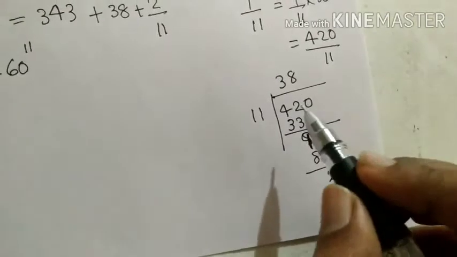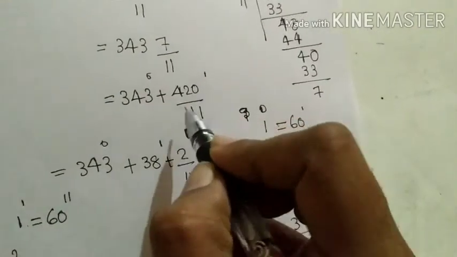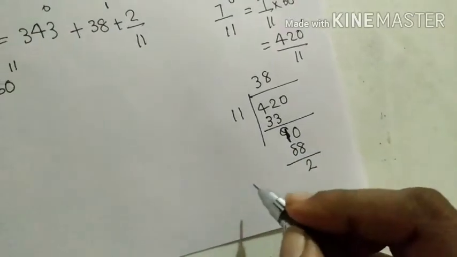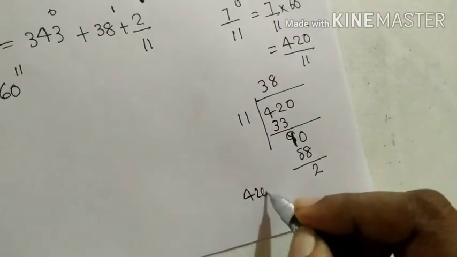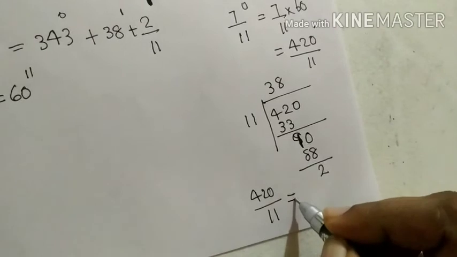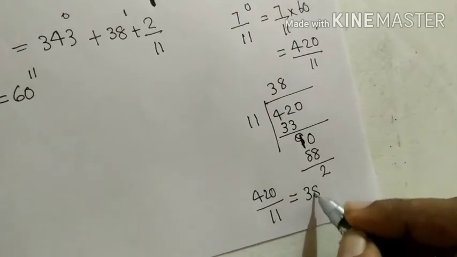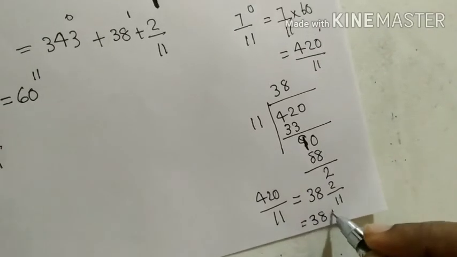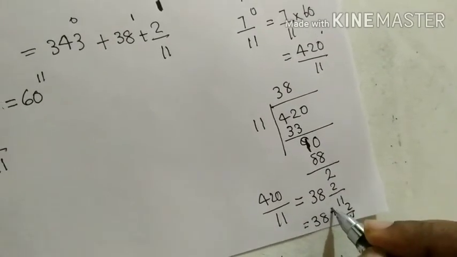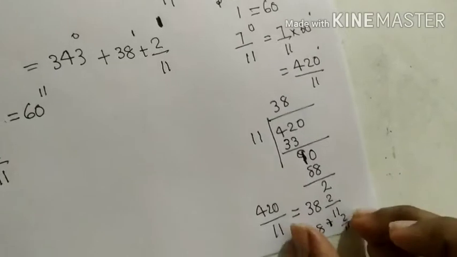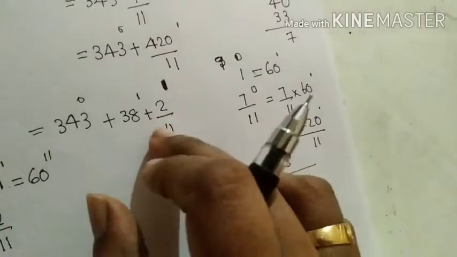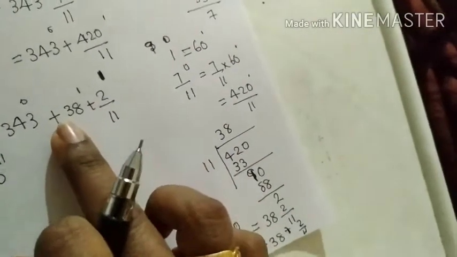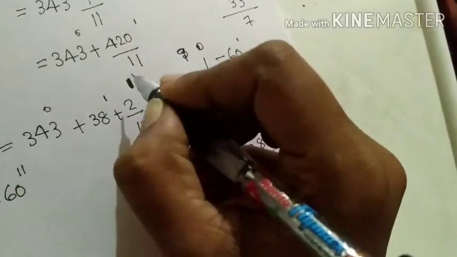Converting this 420 by 11 fraction into a mixed fraction, 420 by 11 is equivalent to the mixed fraction 38 2 by 11, and it can also be written as 38 plus 2 by 11 minute. Okay, so I can replace this with 38 minute plus 2 by 11 minute here.